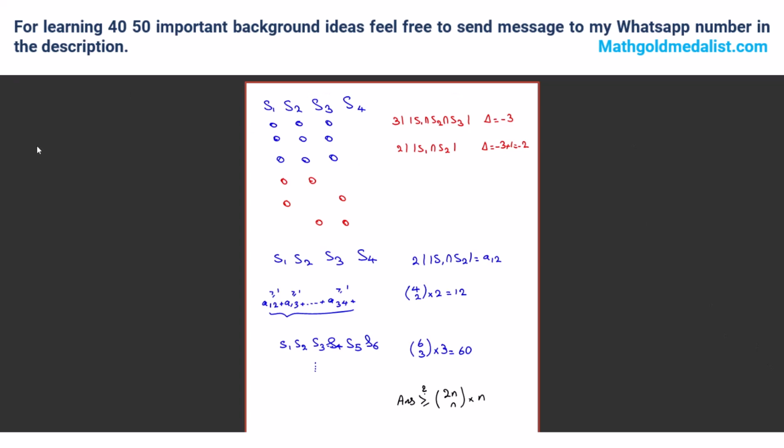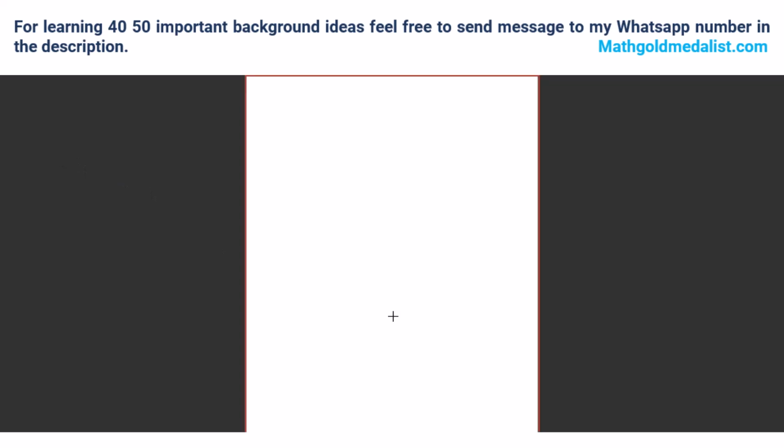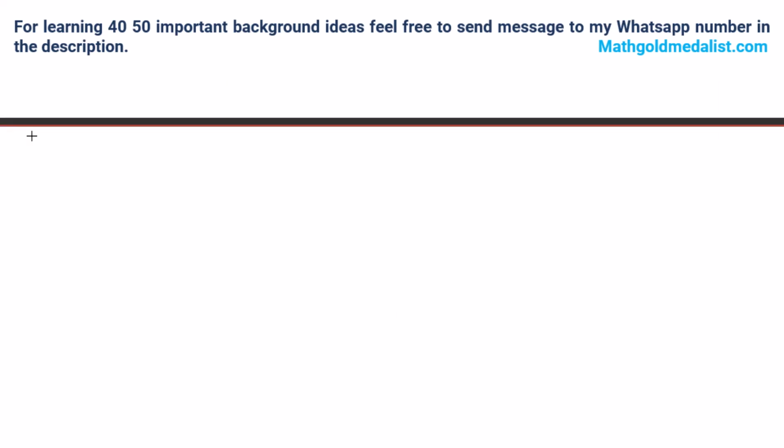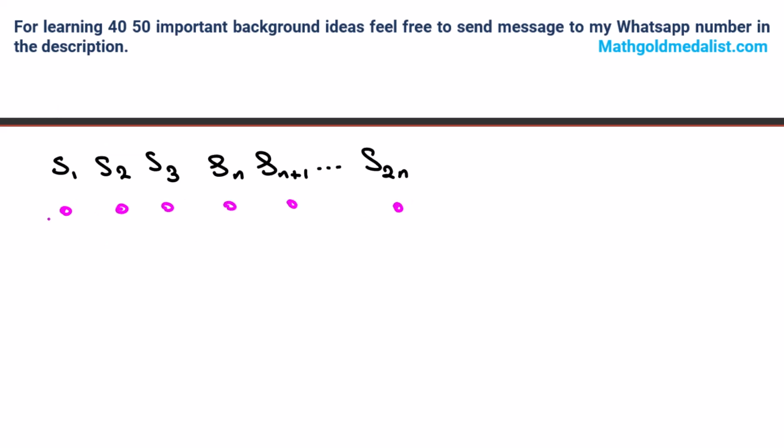So, if we want to do it for, let me open some pages. Suppose we have S1, S2 to SM, to S2N, Sn plus 1 to S2N, okay? So first, we have some elements that are in all of them, right?